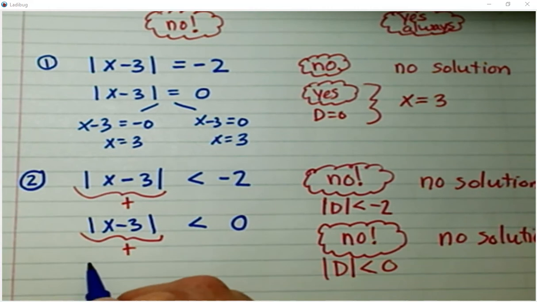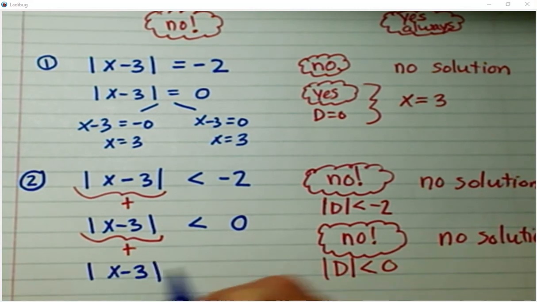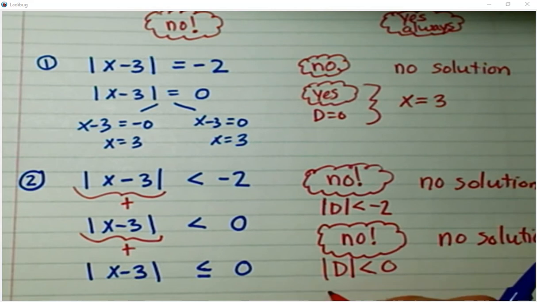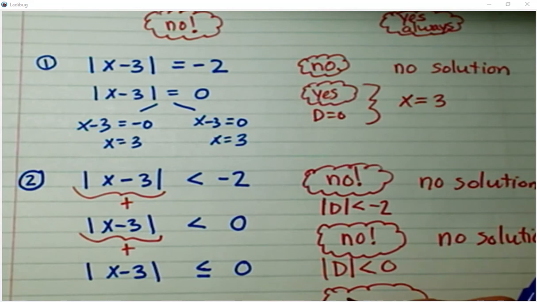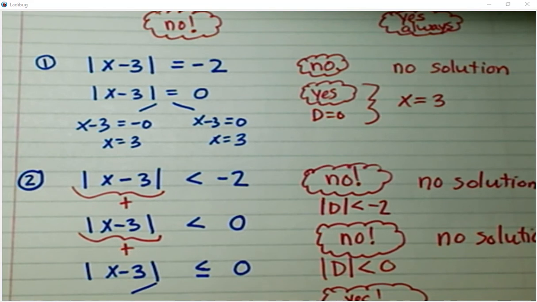So let's look at one more potential here. Can distance be less than or equal? Yes. Not always. It would depend on x. So split and solve. Okay, so split and solve.